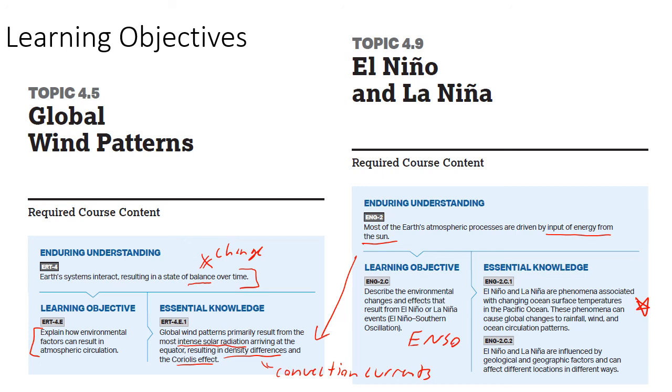We also touched a little on how they're influenced by geological and geographic factors, but realistically, they're mostly influenced by the trade winds. I've never even seen an AP question based on that. There's nothing I have seen that talks about how El Nino is influenced by any geological or geographic factor. It's really influenced by those Pacific trade winds. But they do definitely affect different locations in different ways.